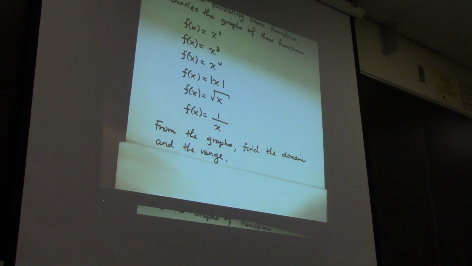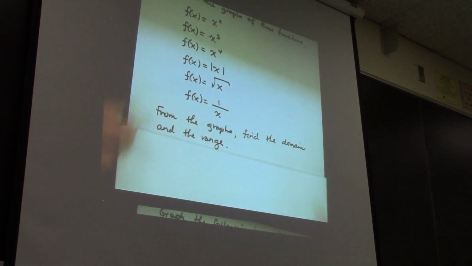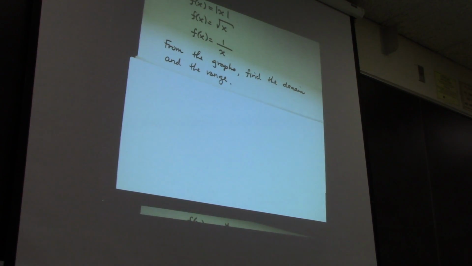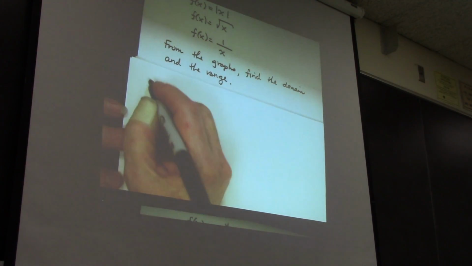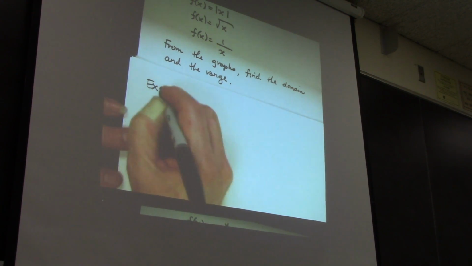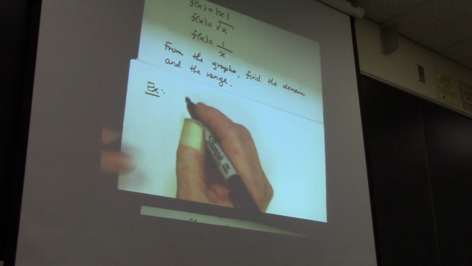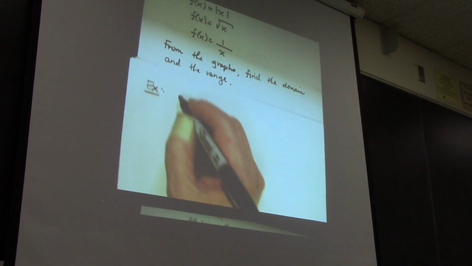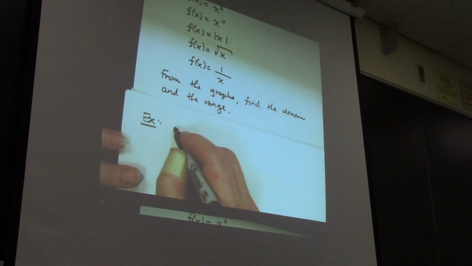But otherwise, a lot of these functions have domain all real numbers. But the range, we need to have the graph to see. So again, I'm graphing these functions. I already wrote the instructions up there.